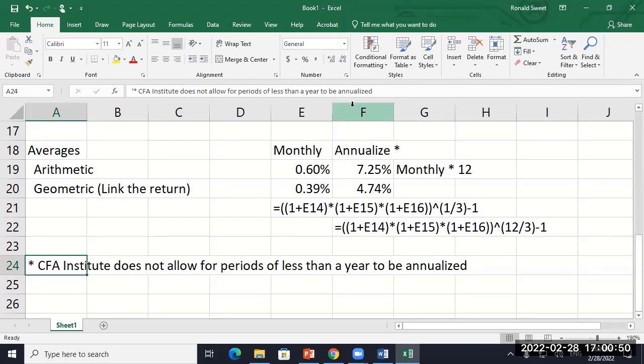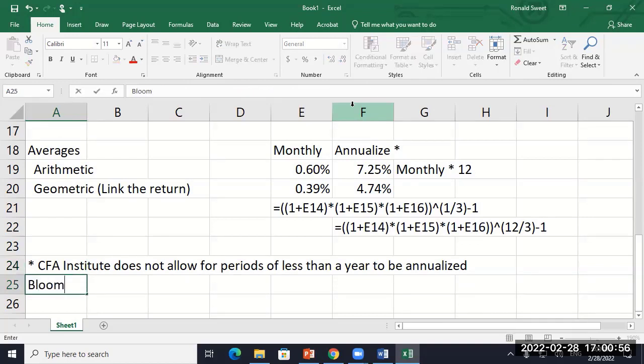That's not a year. So now if you go to the Bloomberg machine, they have a really cool function called COMP. They'll calculate the return, including dividends. And then on the far side, you'll see annualized. They'll annualize it. You know, if it's 2 days, they'll annualize it. So they'll annualize anything.